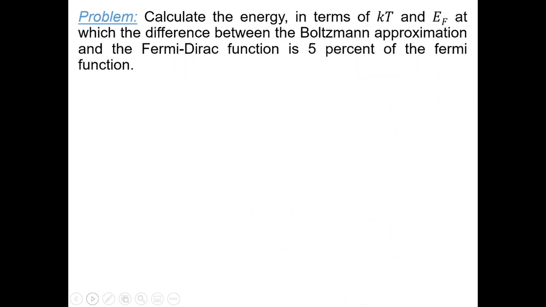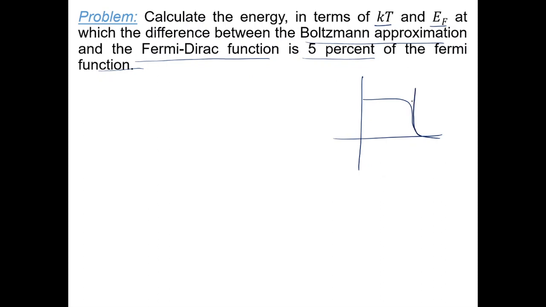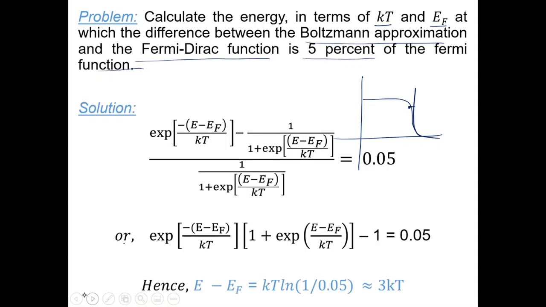Okay, let's see the next problem. Calculate the energy in terms of kT and EF at which the difference between the Boltzmann approximation and the Fermi-Dirac function is 5% of the Fermi function. So the difference between the Fermi function and the Boltzmann distribution is 5%. We have to find that particular energy level in terms of kT and EF.